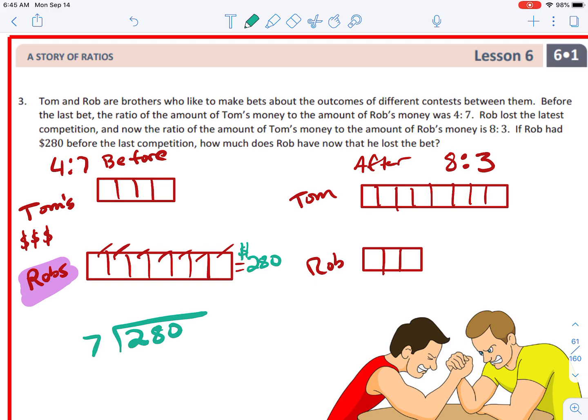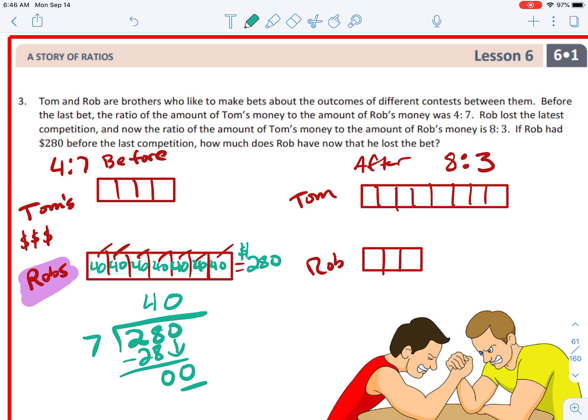Let's do the math. 7 goes into 28 4 times. 4 times 7 is 28. We bring down the 0, and that 0 is all we have left, so we add it. So we're going to add 40 in each of our units. 40 times 7 equals 280.